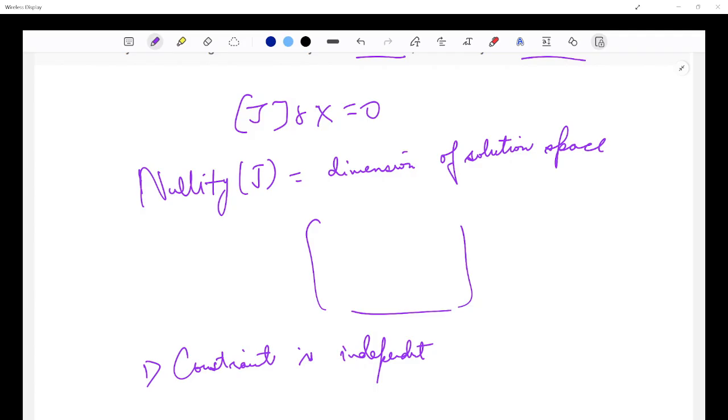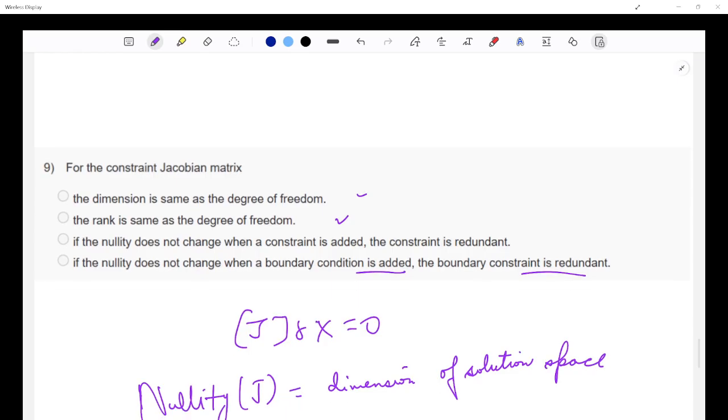So if nullity does not change, the constraint is redundant. So the correct option here is: if the nullity does not change when a constraint is added, the constraint is redundant.